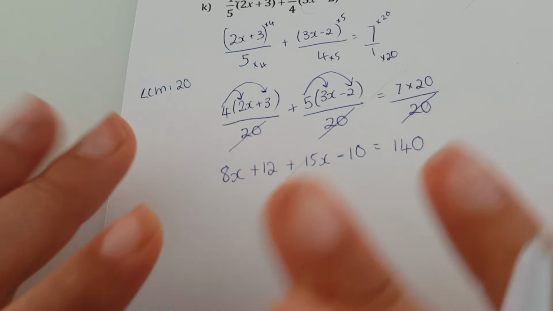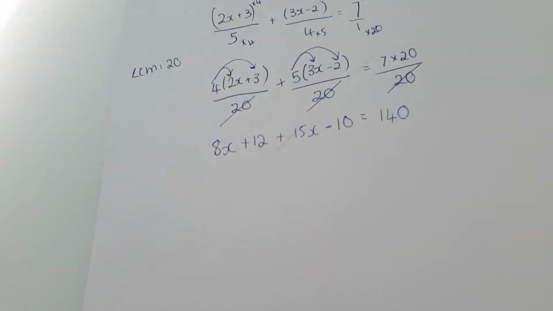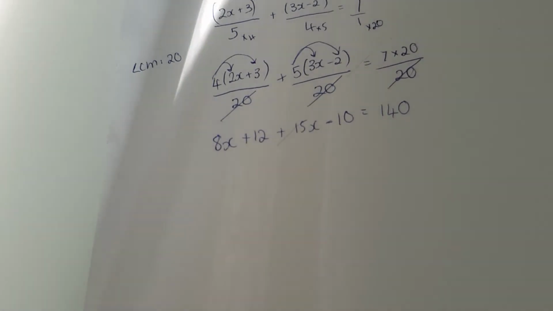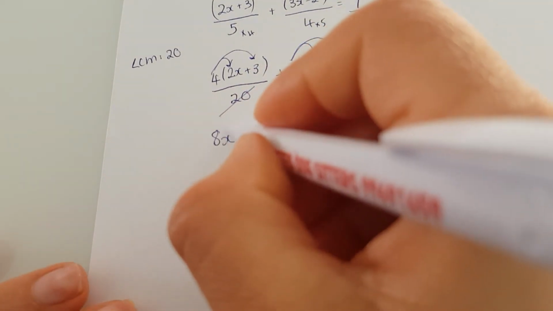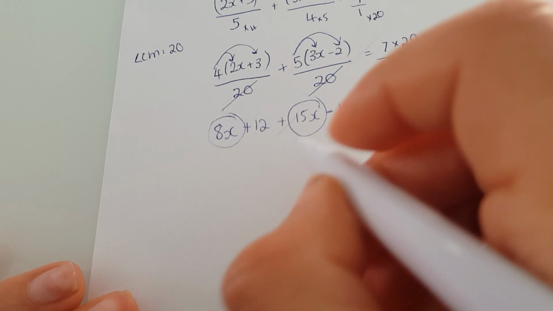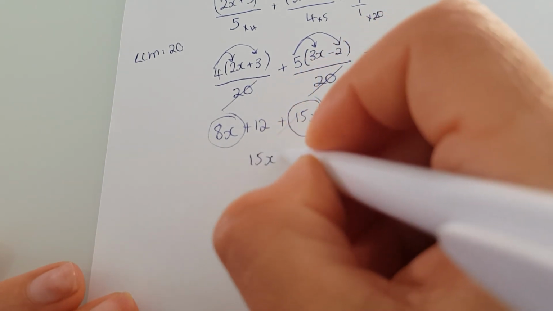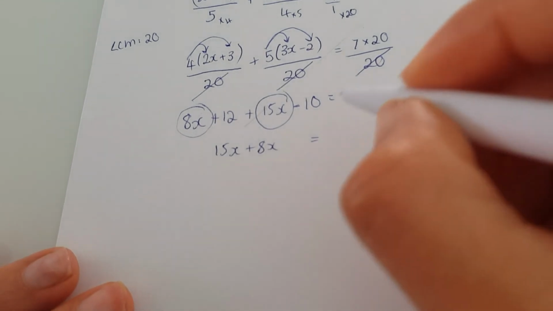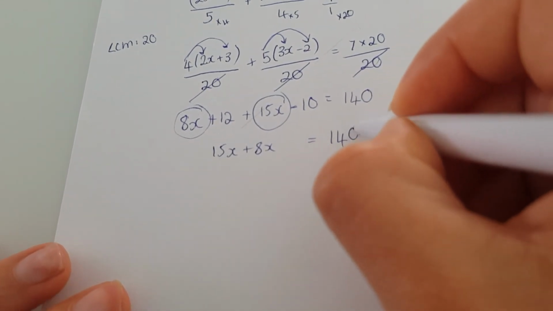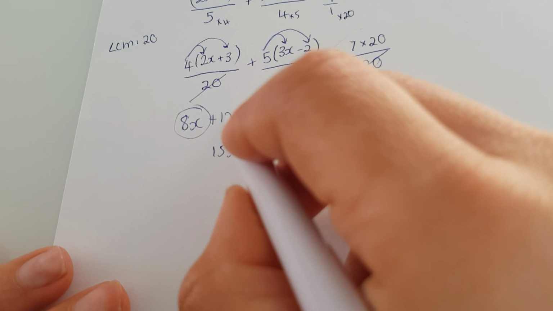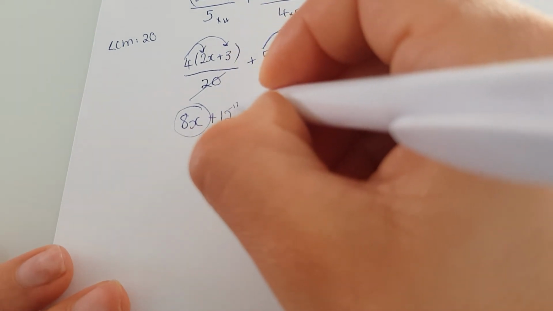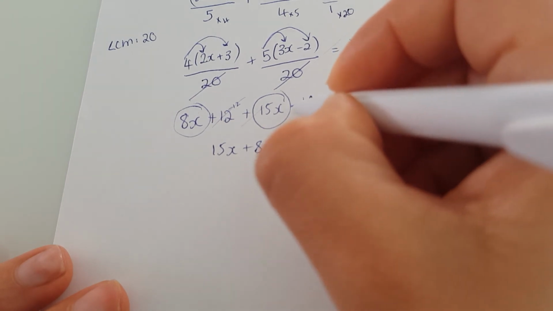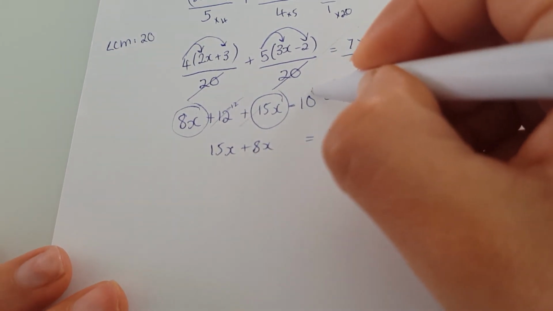Now we need the letters on one side, numbers on the other side. Basically the method is always the same. So I will keep these on this side, the 15x plus 8x, but we'll take the numbers on the other side. So I have 140. The 12 to be eliminated from here, I'm going to subtract 12. 10 to be eliminated from here, I need to add 10.